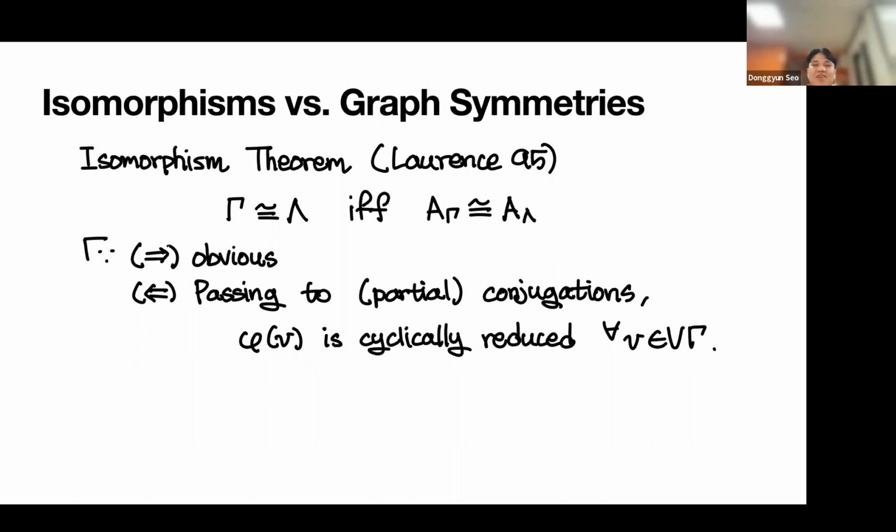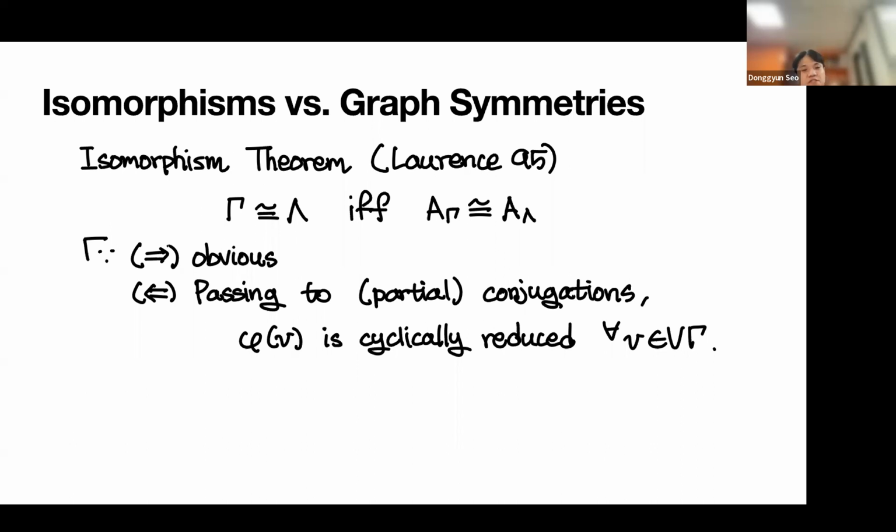But I will introduce just some concepts of the proof. We can compose the given isomorphism with inner automorphisms and some partially inner automorphisms.